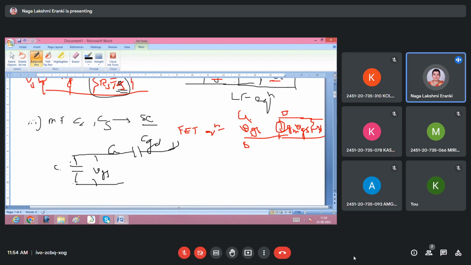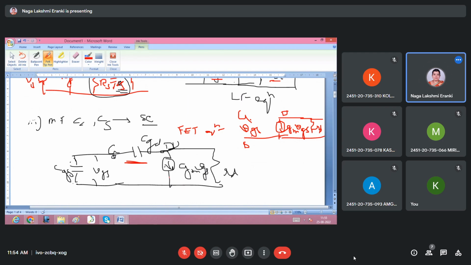This is called CGS. Next, this is the dependent source GM VGS, then the output resistance RD. Here the gate is the input terminal and the drain is the output terminal. So in between the input and output terminals, this capacitor is a common capacitor between input and output.